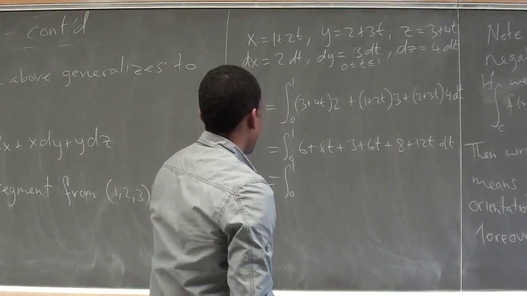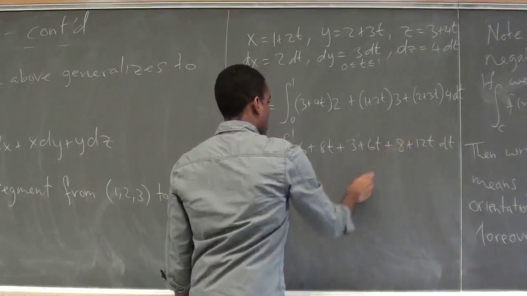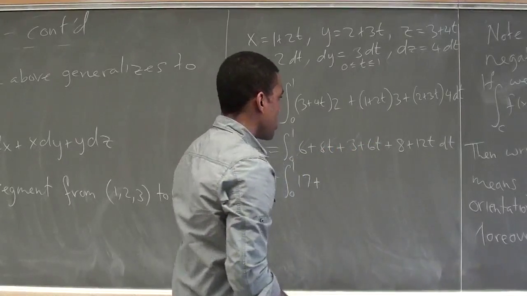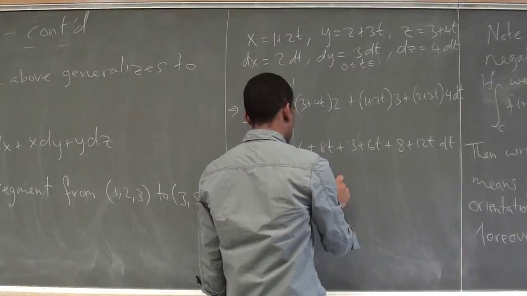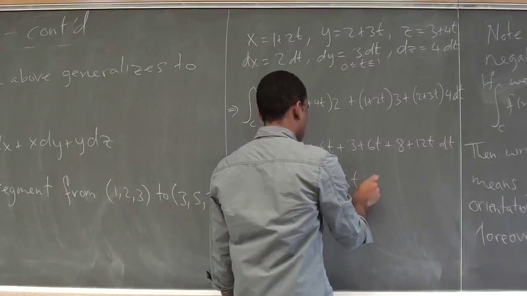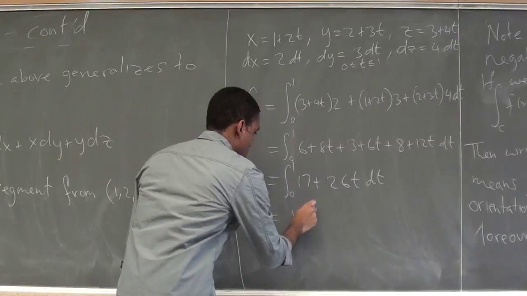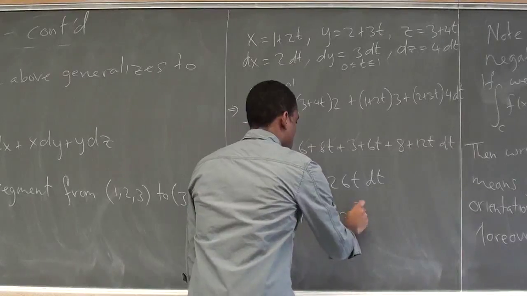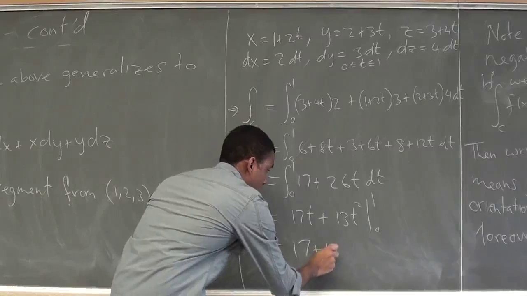What constants do we have? 6 plus 3 is 9, plus 8 is 17. 8 plus 6 is 14, plus 12 is 26. So this is equal to 17t plus 13t squared, it's just 17 plus 13.